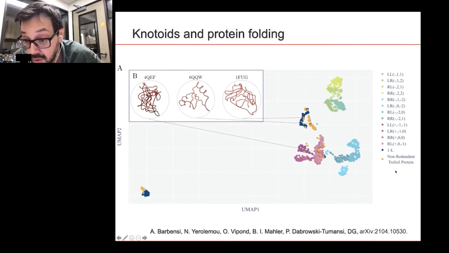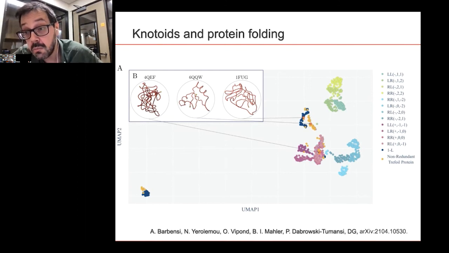And then we said, okay, let's take the representatives. This is what non-redundant says here. Let's take the representatives of all classes of proteins of sequence similarity and throw them into the mix. So we also compare pairwise distances using Knotoids and see what's happening. So we see, as expected, most of the trefoil proteins fall within the one loop, and this is consistent and coherent with what simulations and previous research have shown.